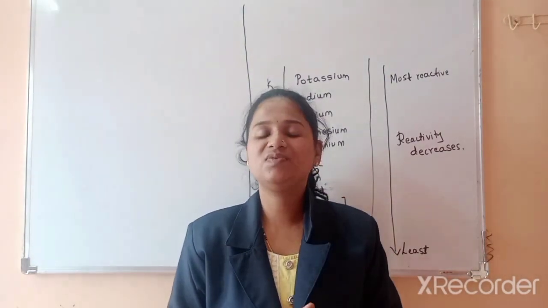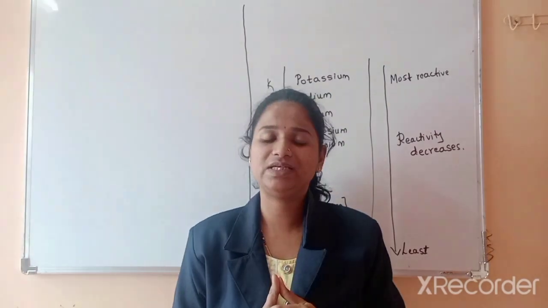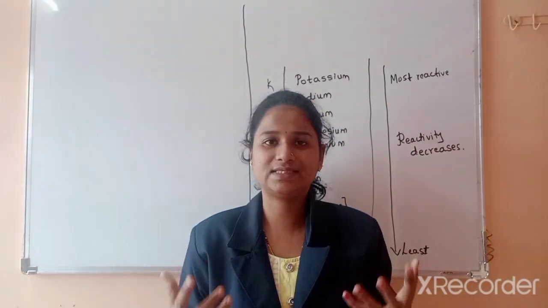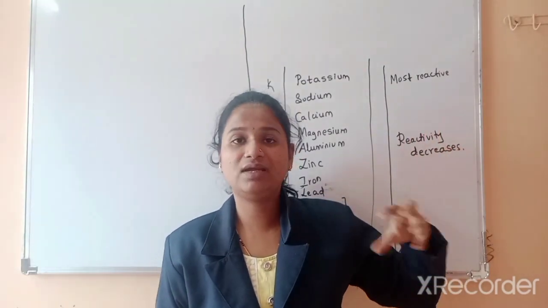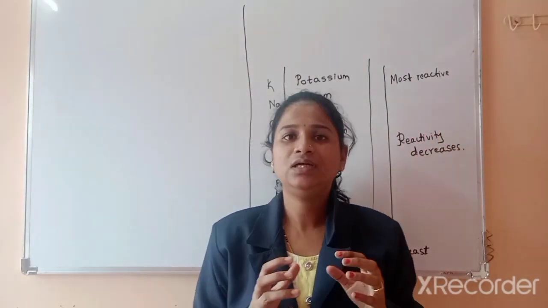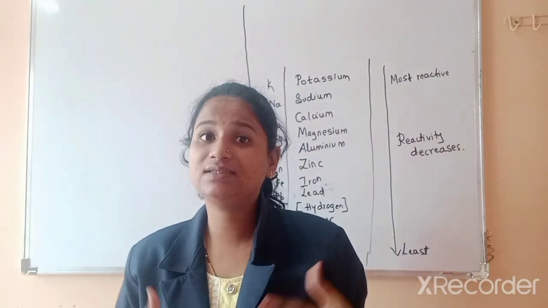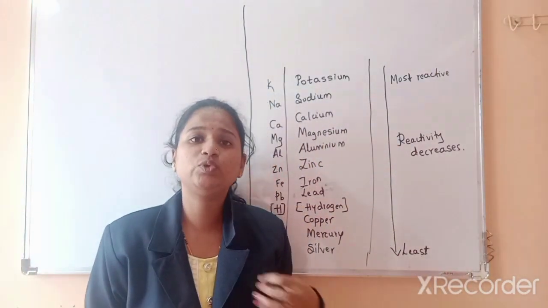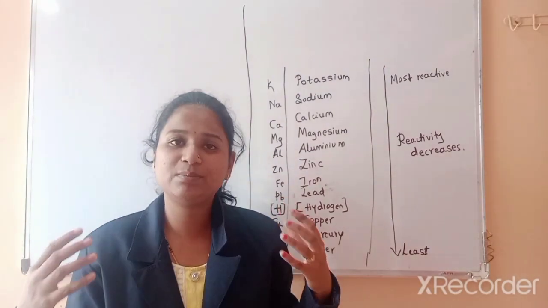In the last class, we were discussing metals and non-metals, and we discussed the reaction of metals with acids, with water, etc. As you understood the concepts of the reaction of metals with acids as well as water and other reagents, we came to know that all the metals will not react in the same way.